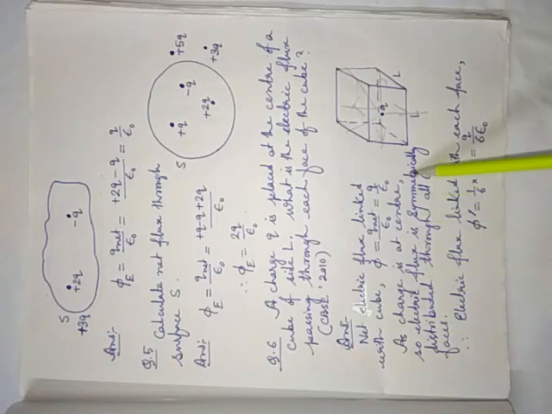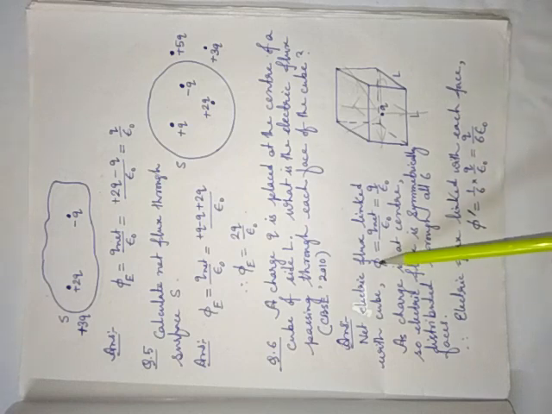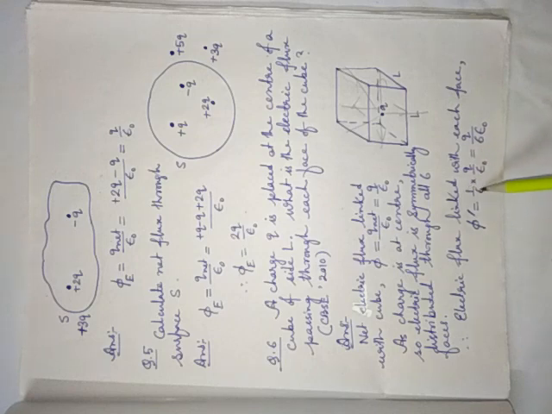As the charge is at the center, the electric flux is symmetrically distributed through all 6 faces. The electric flux linked with each face is phi dash. This time instead of phi I have written phi dash because the flux will change: 1/6 of the earlier flux q by epsilon naught. That means phi dash is equal to phi by 6. That's why the formula is q by 6 epsilon naught.